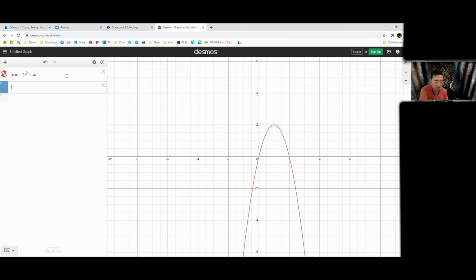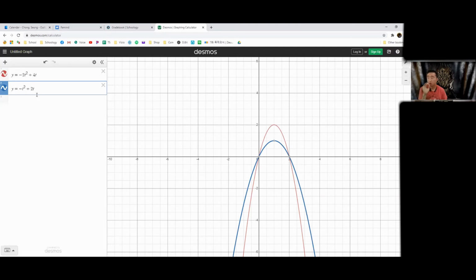And then let's say that you factor out a 2, so the 2 becomes a 1, and the 4 becomes a 2, right? So notice that both of these graphs, the vertex are different, but the x-intercepts are the same.